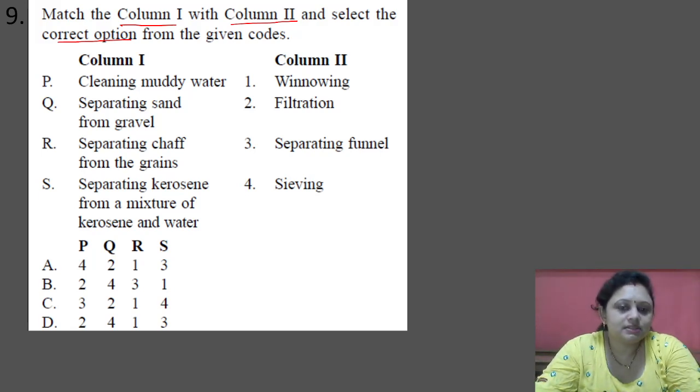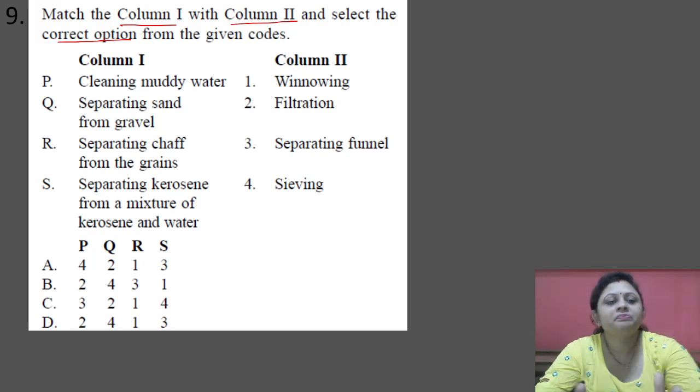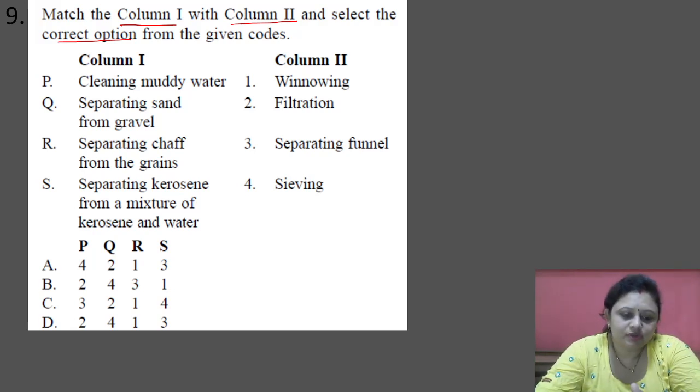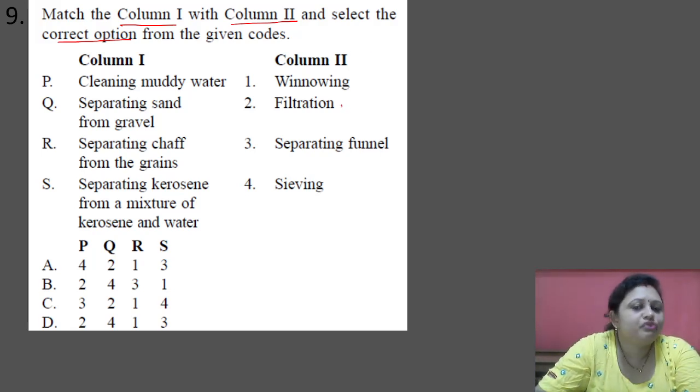So we have to match the columns. The first one is cleaning muddy water. How can we clean the muddy water? For that we need to do filtration. So we can write here filtration.